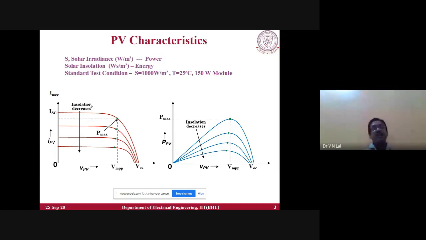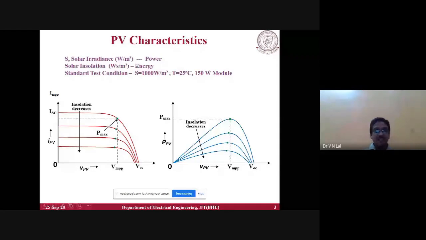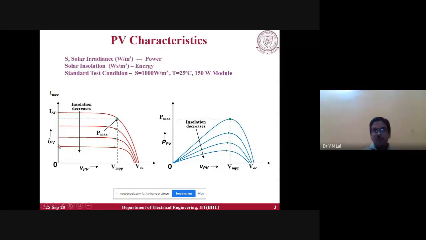Basically, solar irradiance is power per meter square on the surface, represented by S, and insolation is the energy counterpart of that solar irradiance, so it is joule per meter square or watt second per meter square. When the solar irradiance decreases, the current decreases, and the open circuit voltage is slightly decreased.